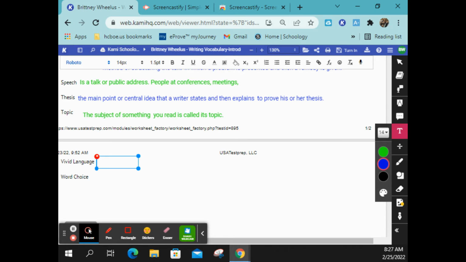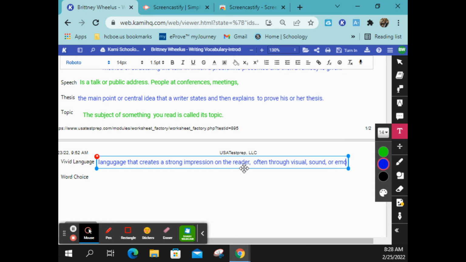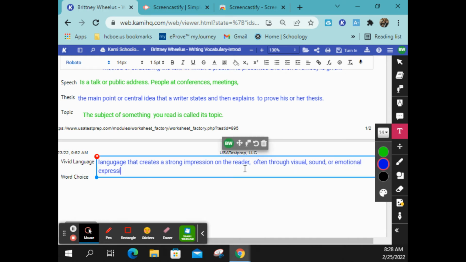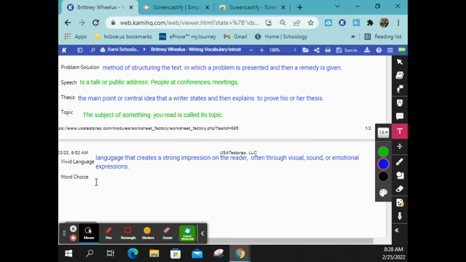All right, so vivid language is going to be language that creates a strong impression on the reader, often through visual, sound, or emotional expressions. All right, it's clear language, precise.